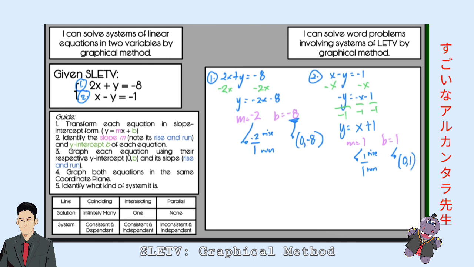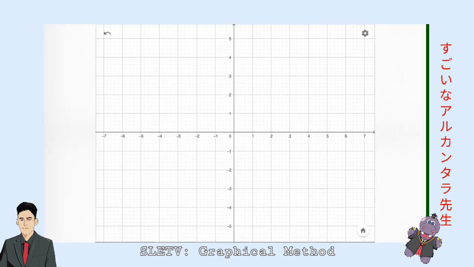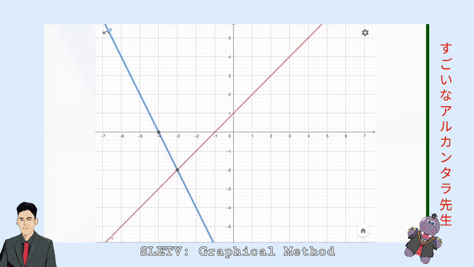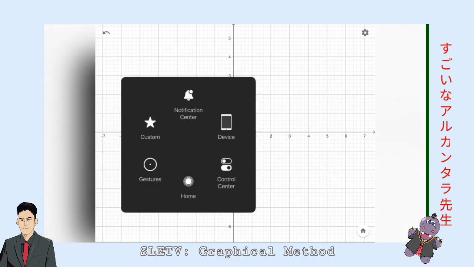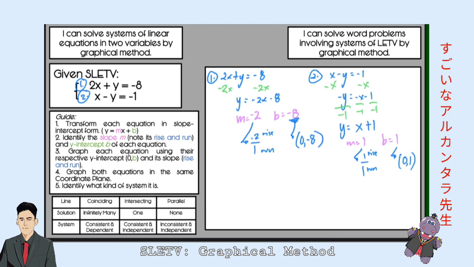So if we graph these two linear equations, it will look like this. This is the first equation, followed by the second one. And they intersect at a point negative 3, negative 2. So that is their point of intersection, thus resulting to a system that is consistent and independent.